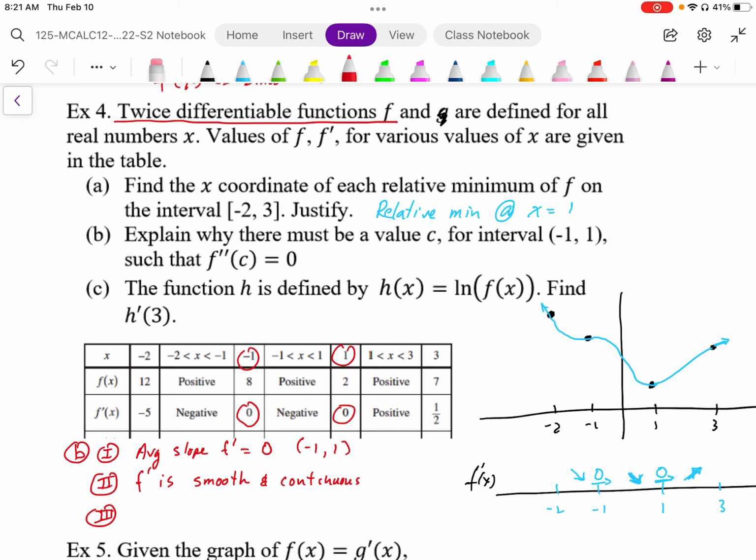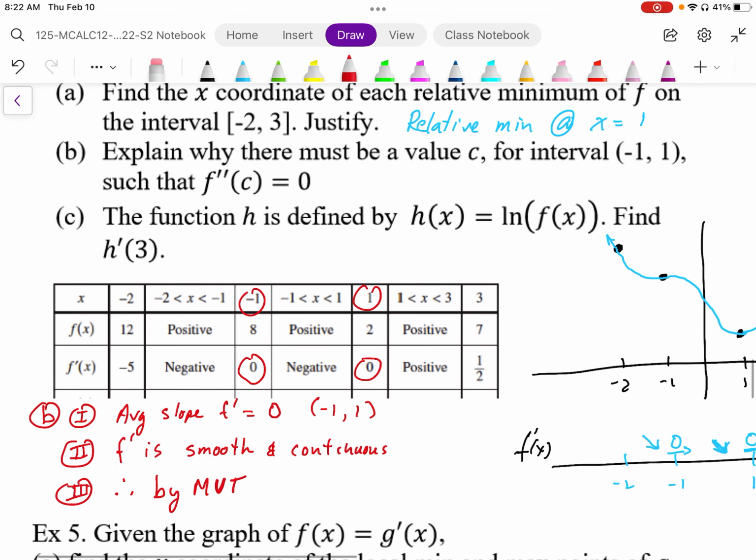Therefore, by the mean value theorem, there must exist some point on the slope of the slope graph, the second derivative, equal to 0, where c is in the interval from -1 to 1.